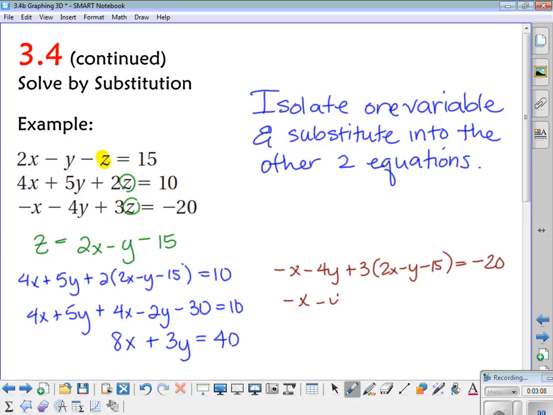So negative x minus 4y plus 6x minus 3y minus 45 equals negative 20. So negative x plus 6x gives me 5x. And negative 4y minus 3y gives me minus 7y. And if I add the 45, that equals 25.